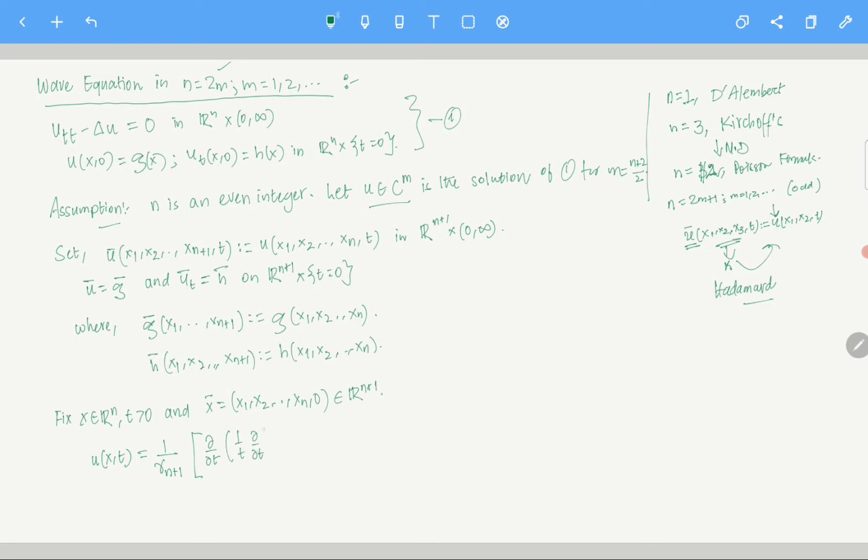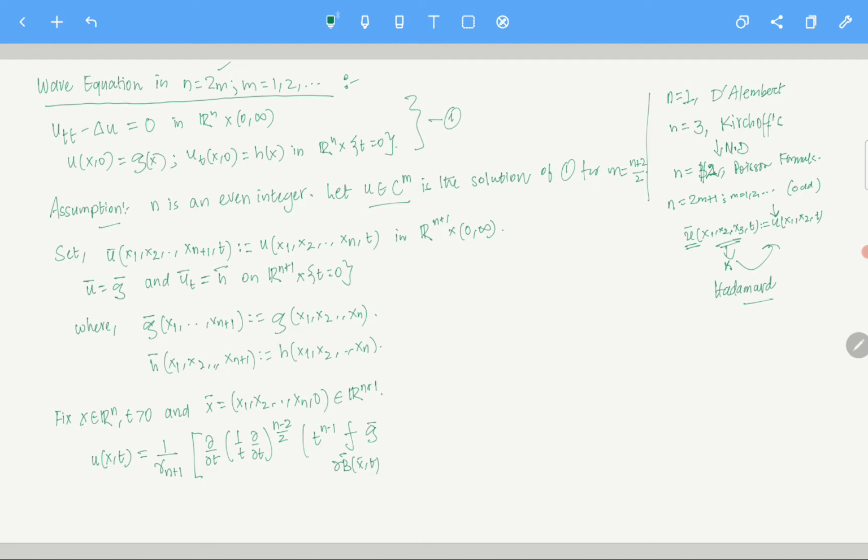I'm just using the formula. Again, there is no need of remembering this formula. If you are given this to work out in the examination, the formula will be provided to you. Of course you should know the subtle details about the formula, which we are going to explain. I am not expecting you to remember the exact formula, but some details should be known about what is so special about this formula in 3 dimensions or 2 dimensions.